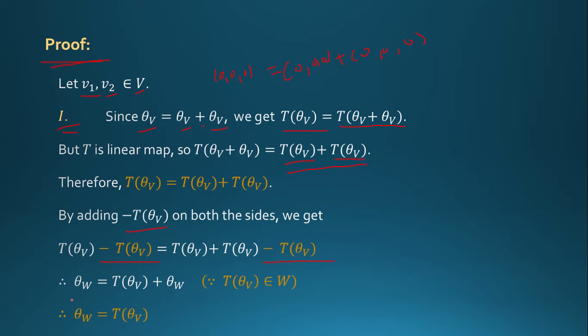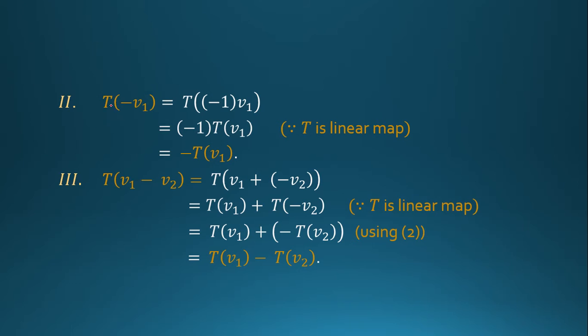So this is equal to 0 vector and T of 0 vector, and this cancels out, so we get 0 vector because T of 0 vector belongs to W. So 0 vector is equal to અથવા તો આપણે કહી શકાય theta of W is equal to T of theta of V. So 0 vector in W is equal to transformation of 0 vector in V. Hence the proof is complete. Now we see the second proof.